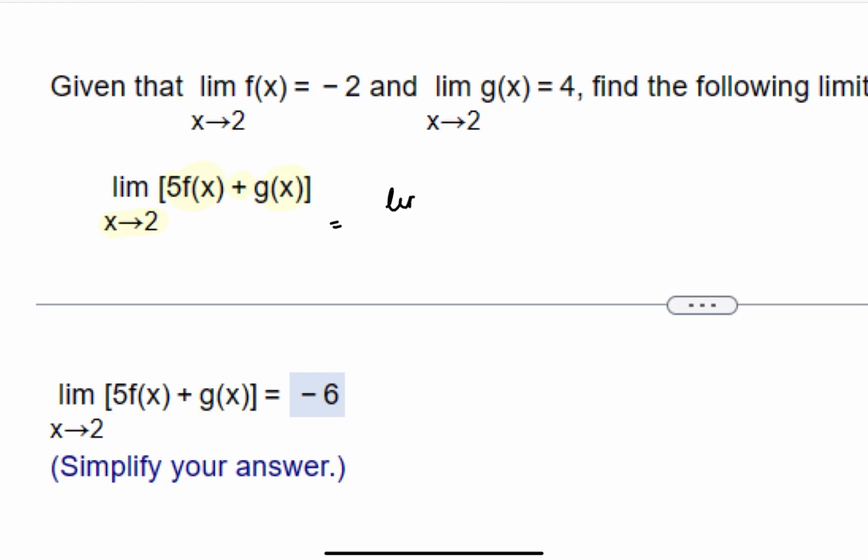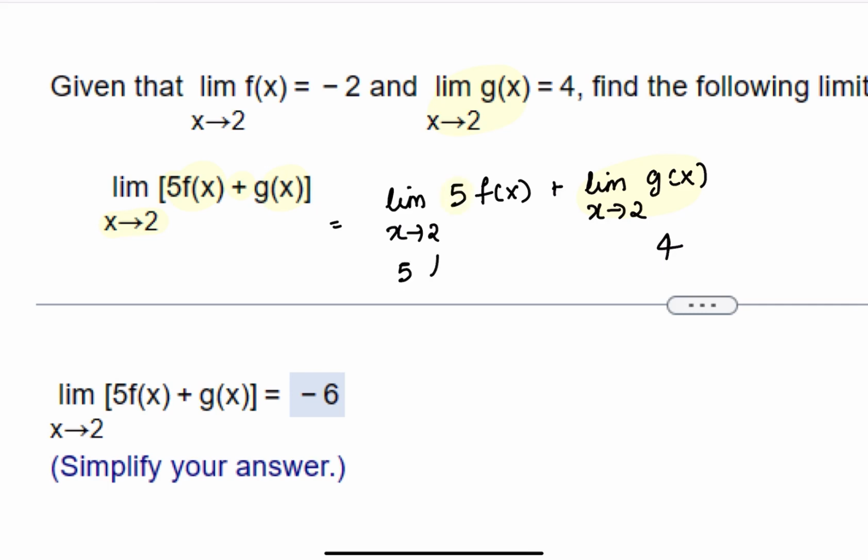This is limit x goes to 2, 5 times f of x plus limit. Again, do you have to do all of this? Nope, as long as you know what you're doing. From my question, limit of g of x when x goes to 2 is 4. So this whole thing is 4. Now this is a constant, the constant comes out.